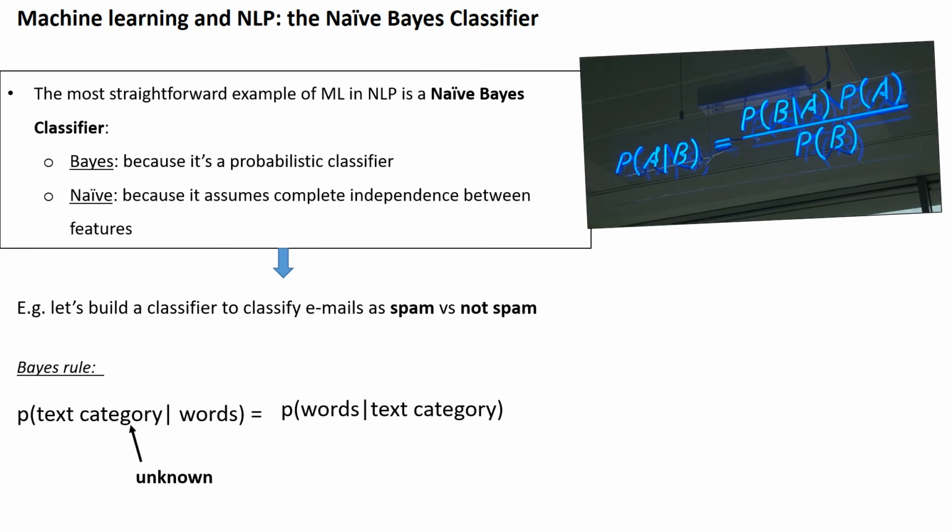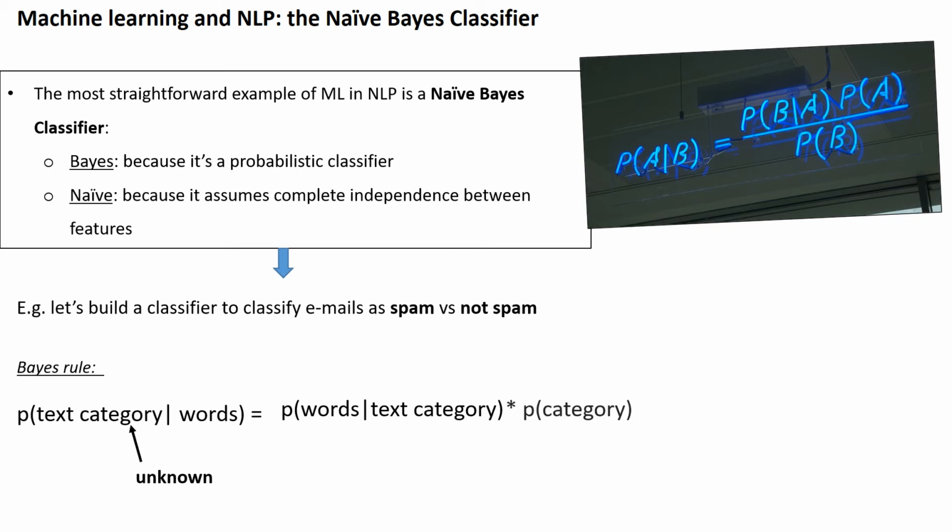Well, we can do that, right? We can provide our model with training data and give it 10,000 emails that are clearly spam and 10,000 emails that we have labeled as not spam. And then we can look at what is the chance that certain words occur in a text given that it is spam versus not spam, right?